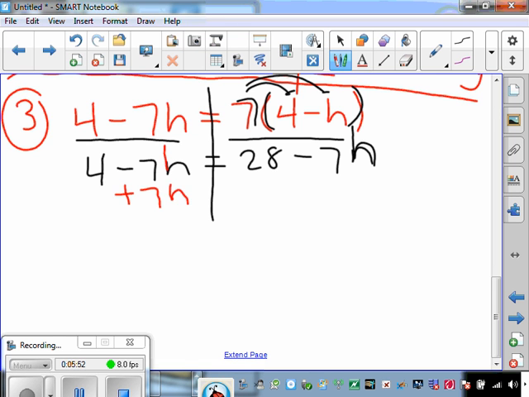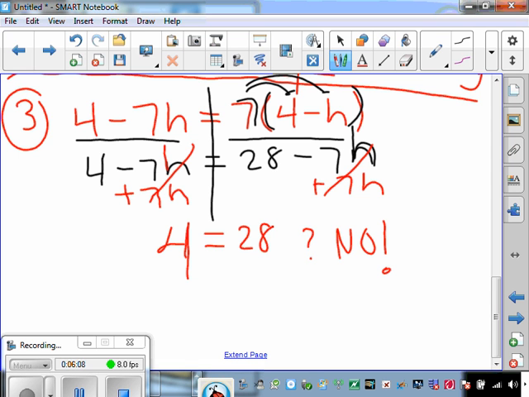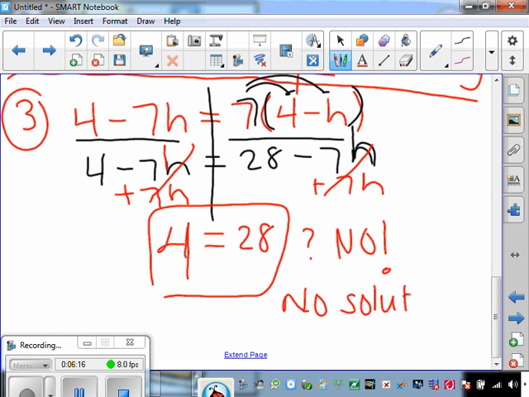Let's add them again. So I get 4 equals 28. All my variables cancel. But does 4 equal 28? No. They're not the same. So this type of answer is called a no solution problem.